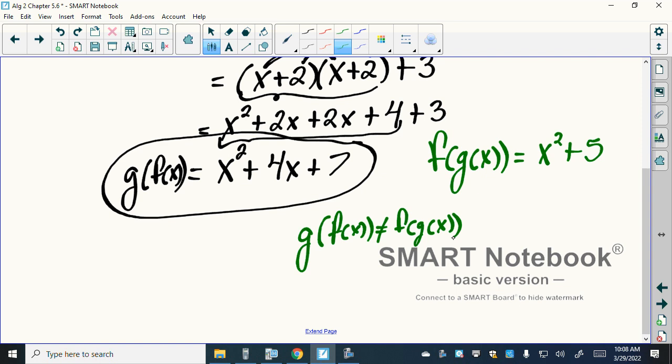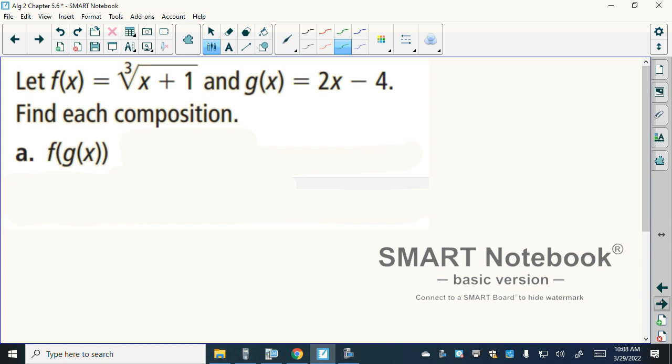Questions on this here? Let's look at the next one. So this time we have f of x is the cubed root of x plus 1. And g of x is 2x minus 4. So we want to find f of g of x.